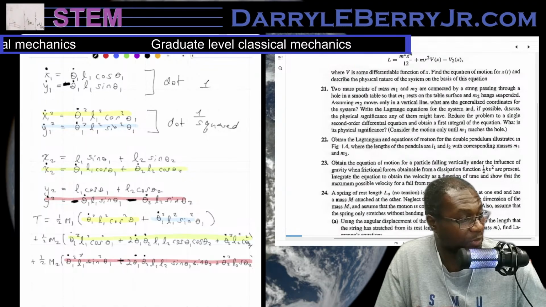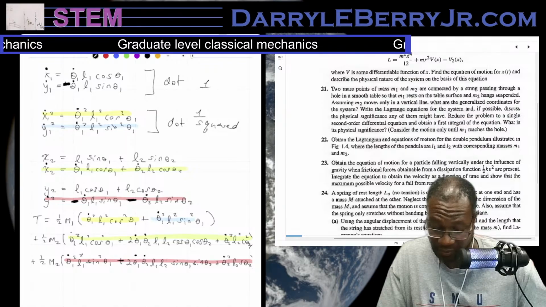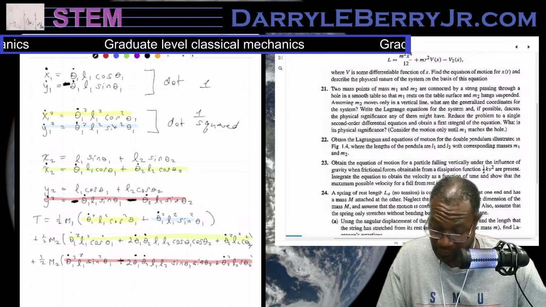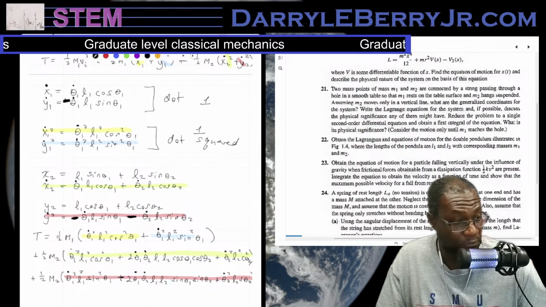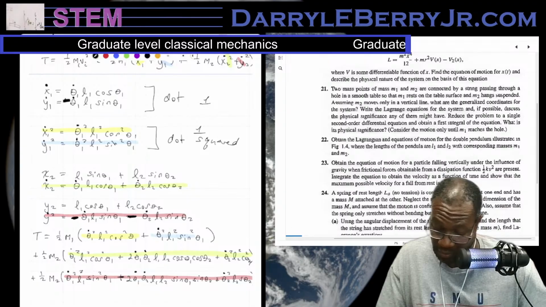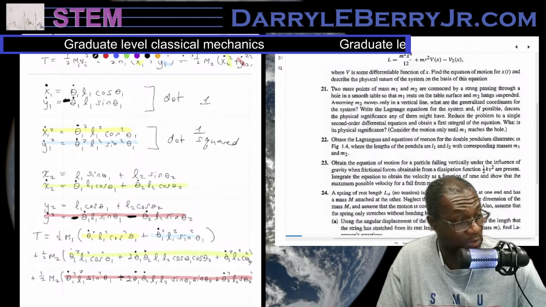Oh, I'm just looking at the part where she actually just wrote squared. So the next line is writing it out. Theta 1 squared, L1 squared, cosine squared theta 1. Theta 1 squared, L1 squared, sine squared theta 1.